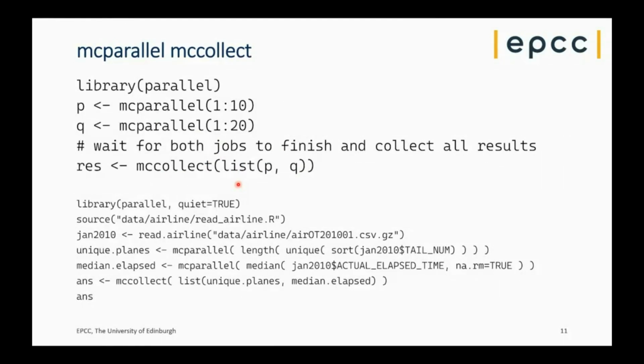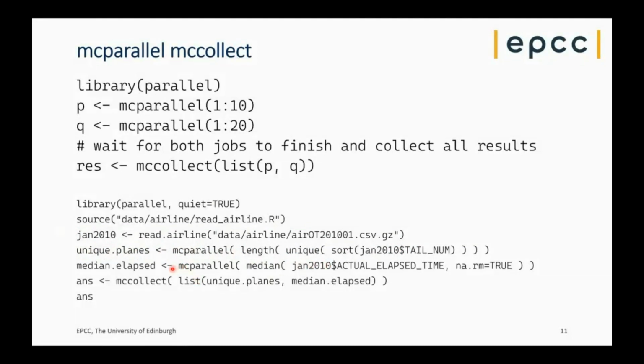And this can be really useful when we're processing large data files, where in this example below, we're reading in a data file. We want to extract data out of that. And so in parallel, we want to sort it and get the unique features and then get the length of that. That gives us a unique count.